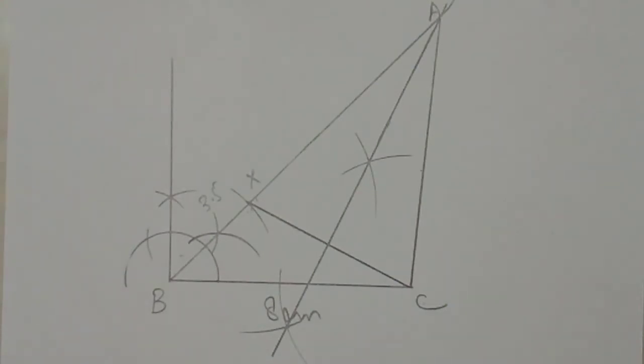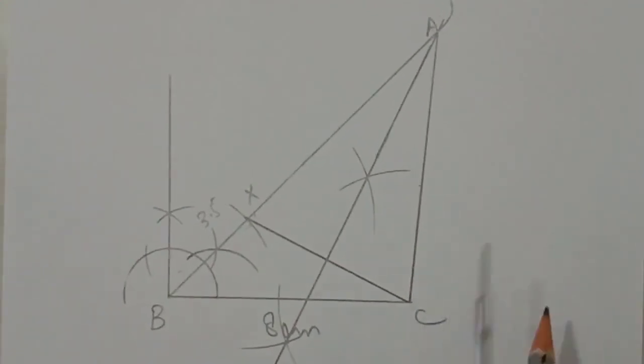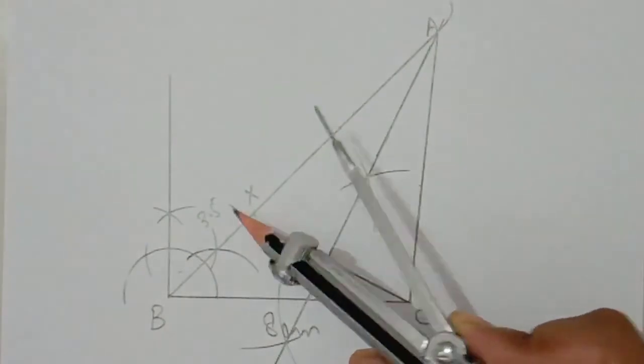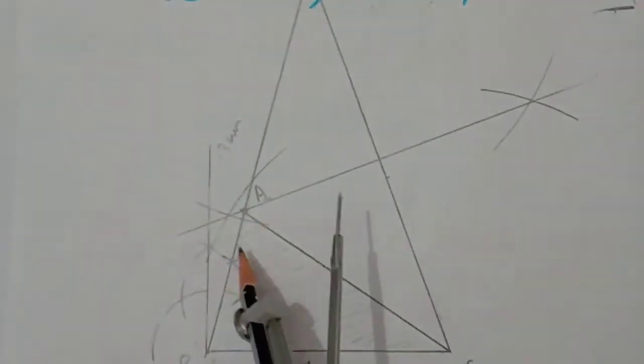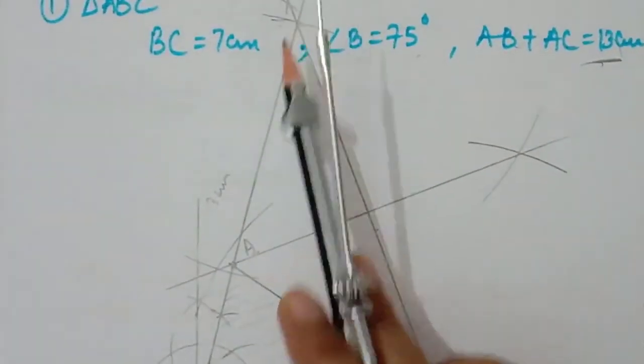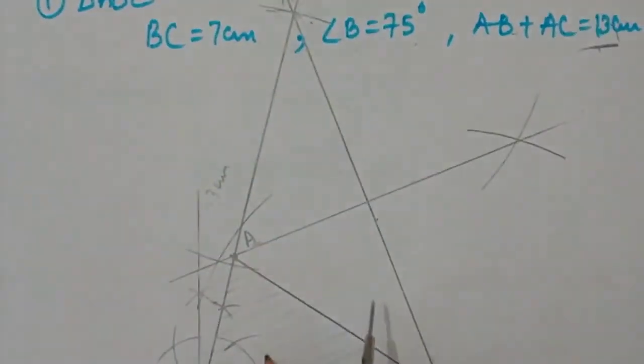So from the first and the second question, what is the basic difference? The basic difference is, in the first question, when the sum of the two sides is given, the triangle should be present below the arc which we already made.